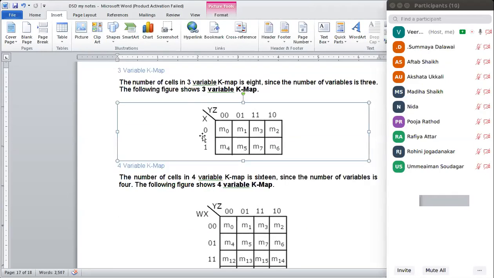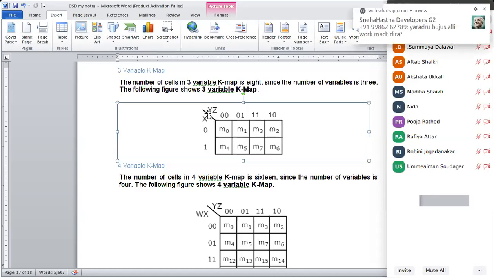Either we can go for a row order, or we can write it in the column order. Here these 8 cells where I am dividing, X is on the lower side of the adjacent bar and YZ are on the upper side. X is only a single variable, so I write 0 and 1 here.